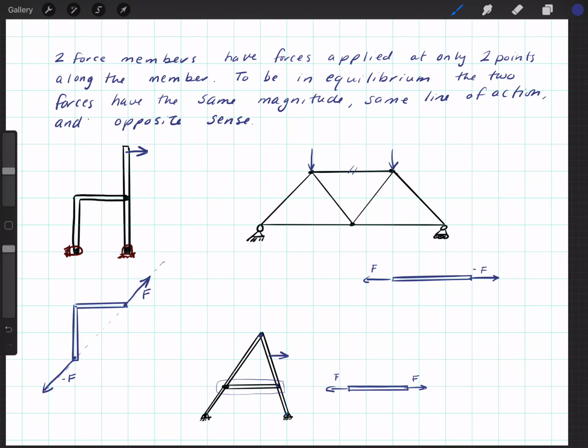I could probably make this one the positive, and this one the negative, but they're really the same, and the direction on them shows that. So the magnitude of them would be the same, and they have the same line of action, and they would have the opposite sense. So hopefully that helps a little with two-force members.